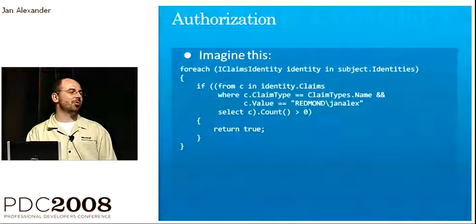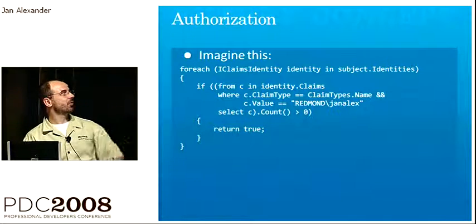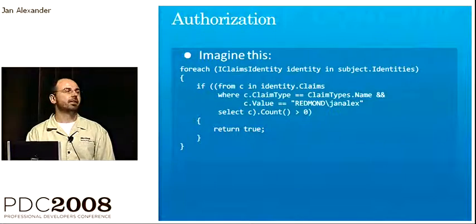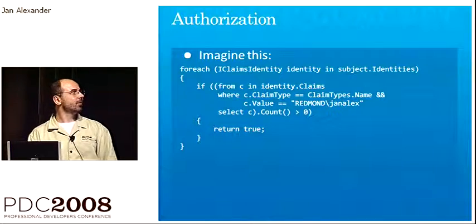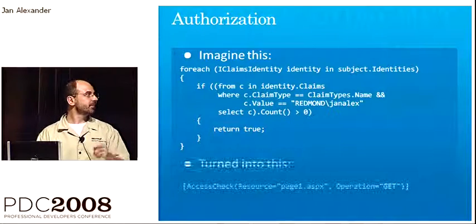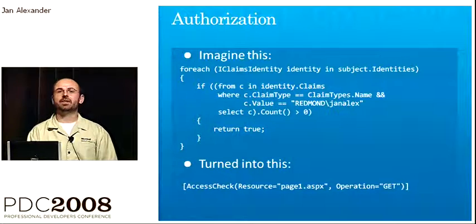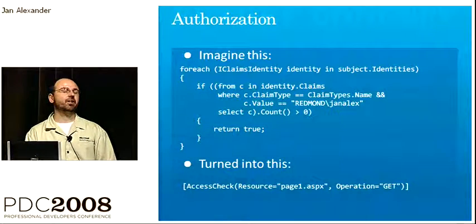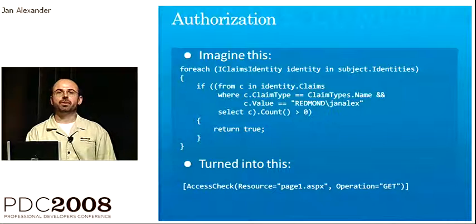So in the future, imagine this is the code I use for the hasClaim method. It's LINQ, and it figures out the value, and then it checks only my name. Imagine that turned into this. You just decorate the method with an attribute that says, hey, this method requires an access check.